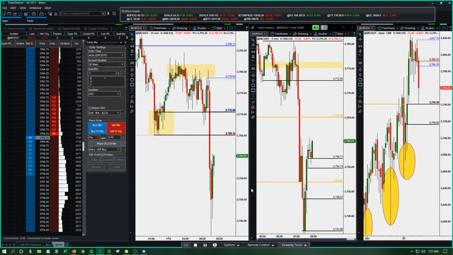Looks like it wants to keep moving that. iRobot popped up through our level. Almost at 94. We were looking at it yesterday at 86, 85.